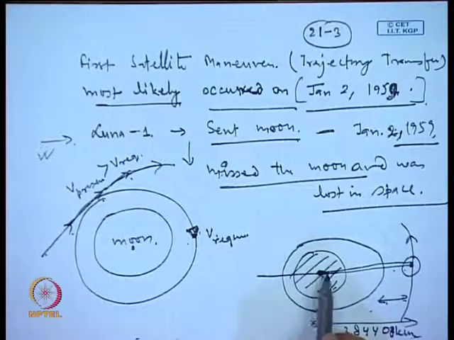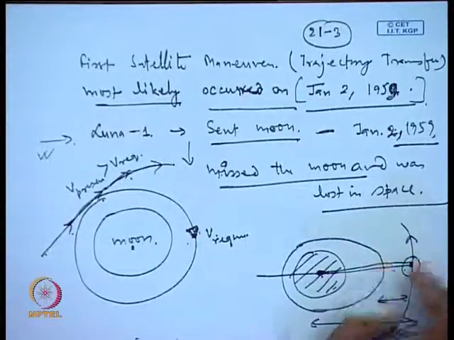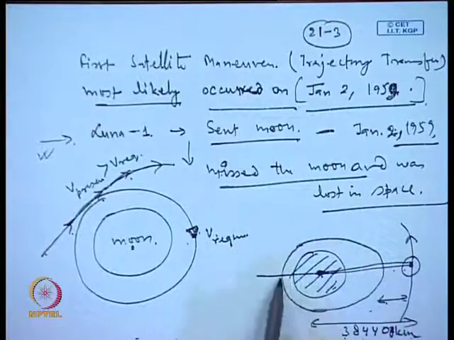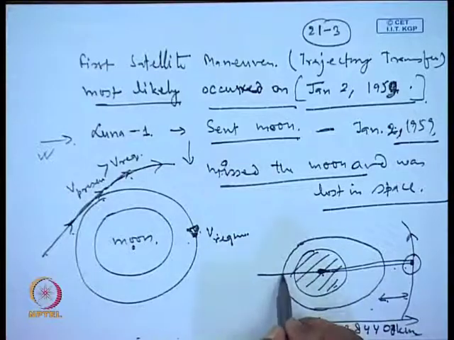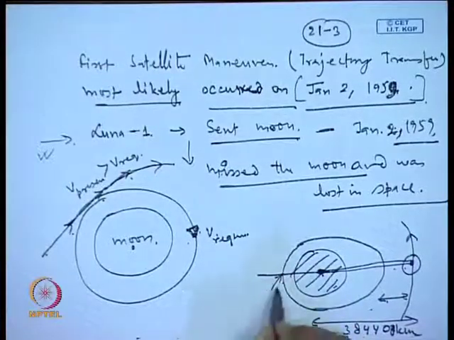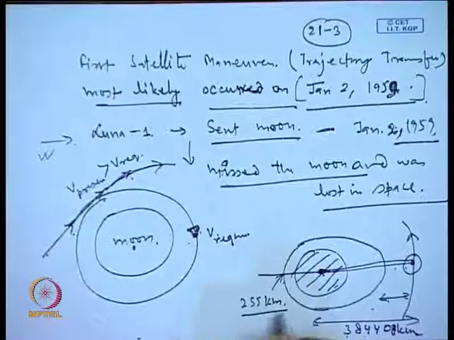This distance is very large, which we cannot show here. So what was done? It was put in a temporary orbit here. Initially the perigee position was around 255 kilometers.